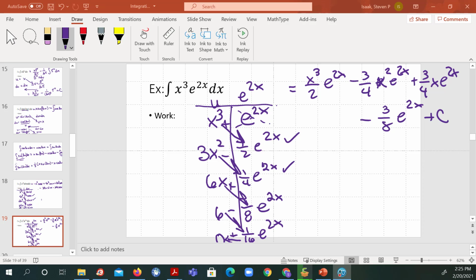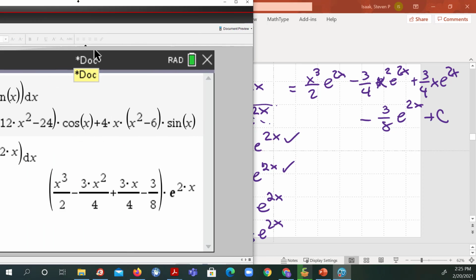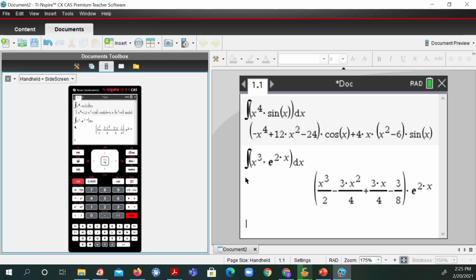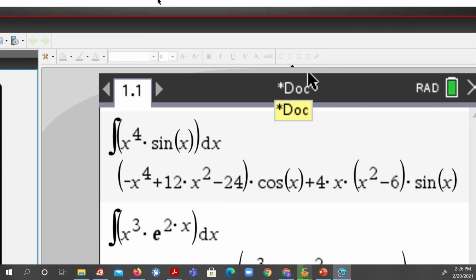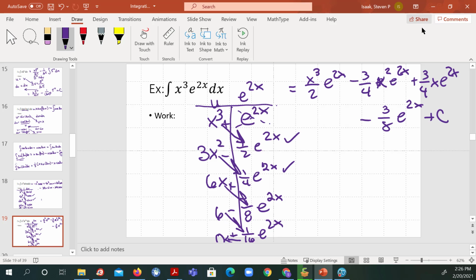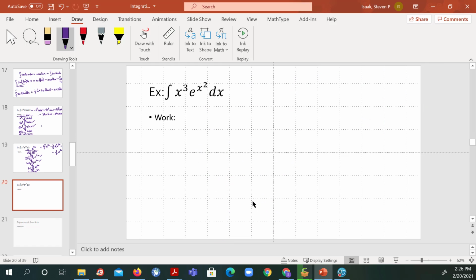So I'm going to type in x cubed, e to the 2x, and integrate in terms of x. As you can see, we came up with the exact same answer.